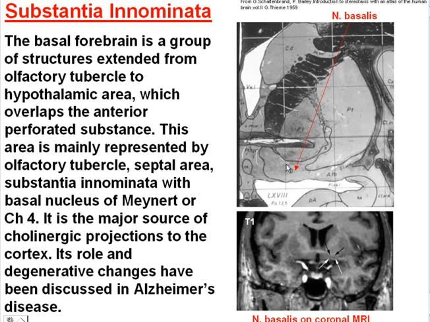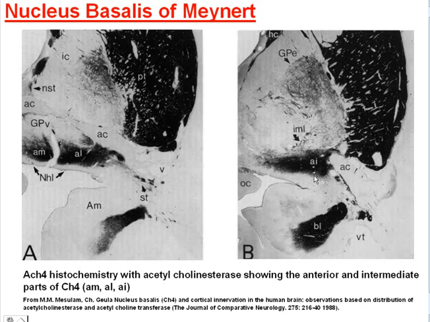This is a very important structure that was already discussed in Alzheimer's disease. This is to show the nucleus basalis of Meynert. You look for the anterior commissure, the structure below the anterior commissure. This is the anterior perforating substance, which includes this nucleus basalis of Meynert.